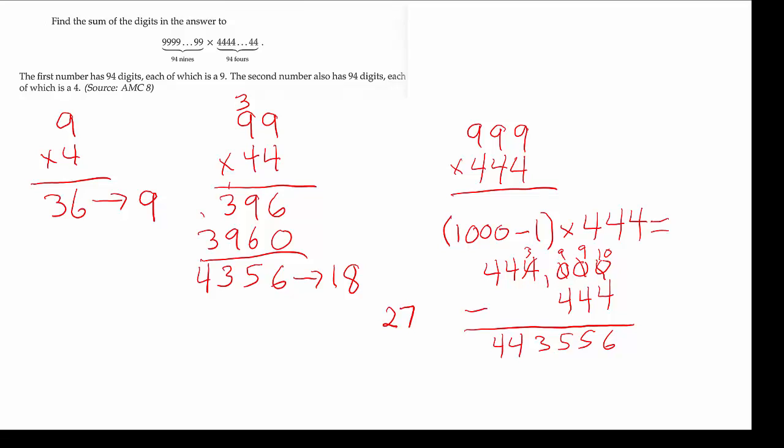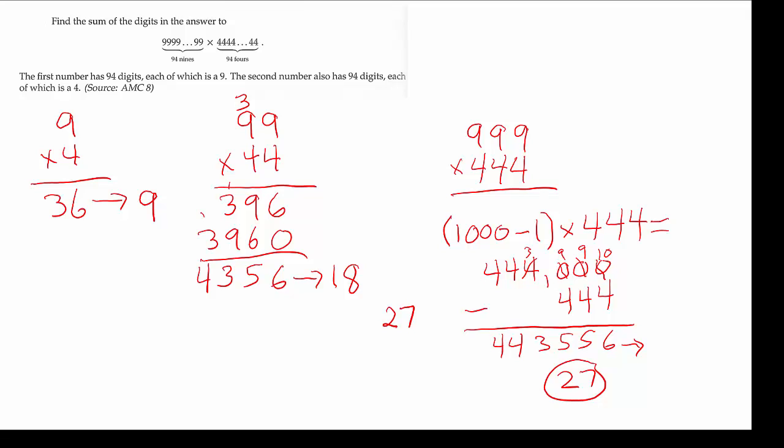Add up the digits. 6 plus 5 is 11, plus 5 is 16, plus 3 is 19, plus 8 is 27. So our prediction holds up.